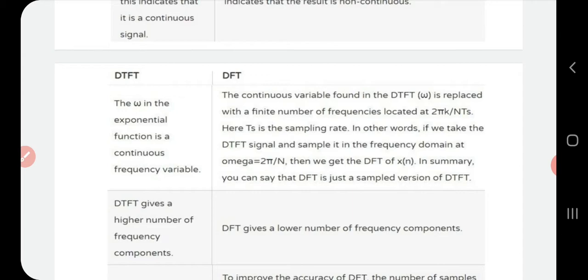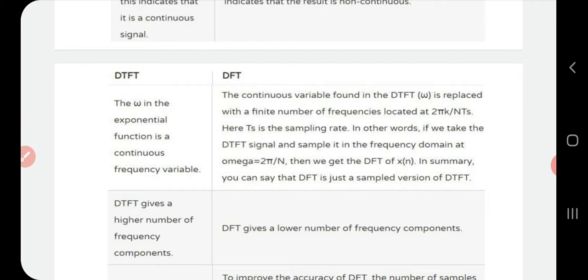So in summary, DFT is just a sampled version of DTFT. This is how DFT is developed from DTFT.